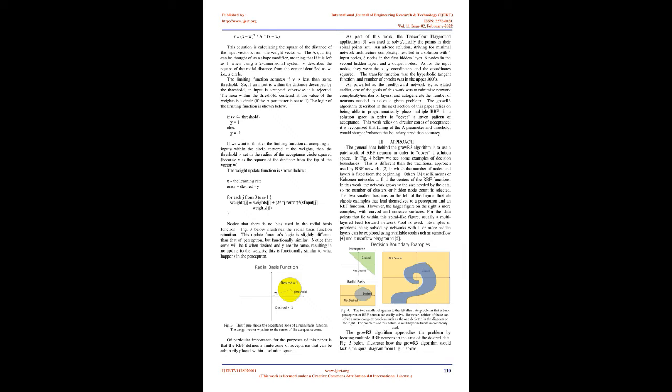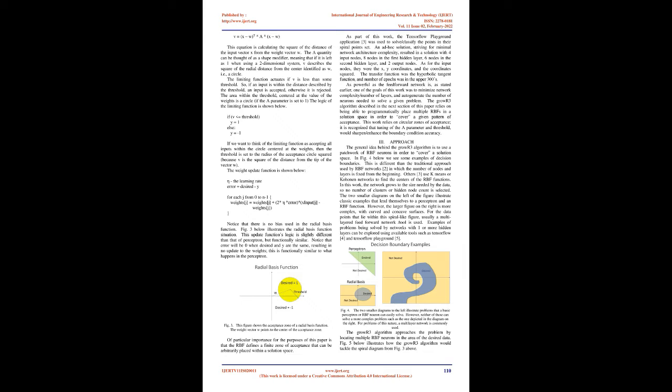This equation is calculating the square of the distance of the input vector x from the weight vector w. The a quantity can be thought of as a shape modifier, meaning that if it is left as 1 when using a 2-dimensional system, v describes the square of the radial distance from the center identified as w, i.e., a circle. The limiting function actuates if v is less than some threshold.